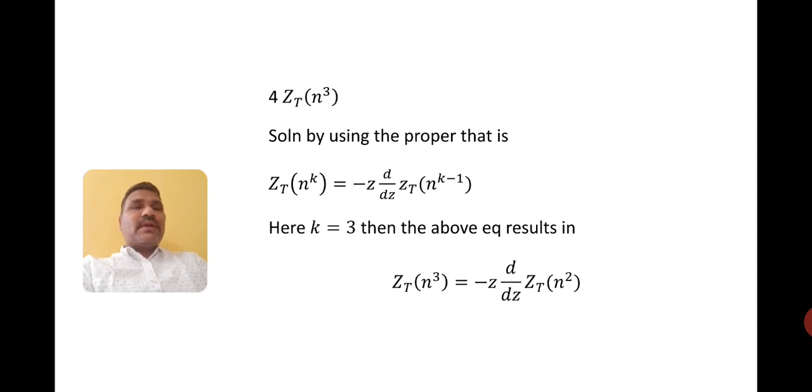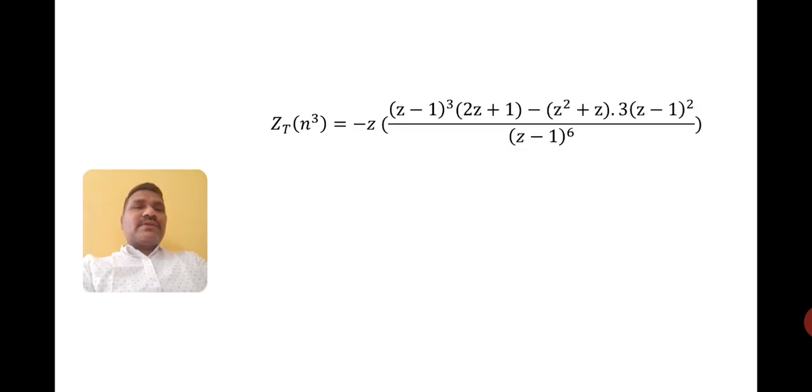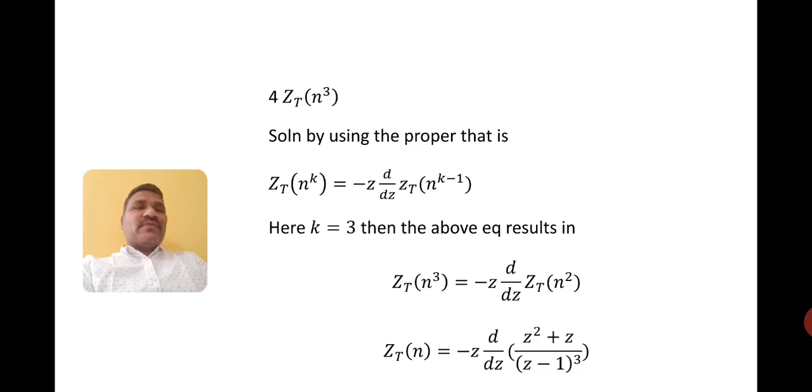The Z transform of n square can be written in this form. So you just try to obtain the differentiation. The differentiation is a little bit big here, you can take a look at it.